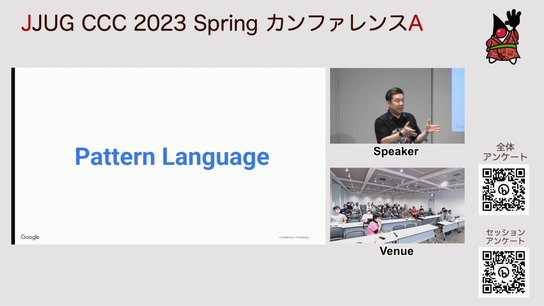I just explained the strategy design pattern. So now I can just say, well, let's use a strategy design pattern instead of trying to explain the solution in this context. So a pattern language helps developers to create better code.